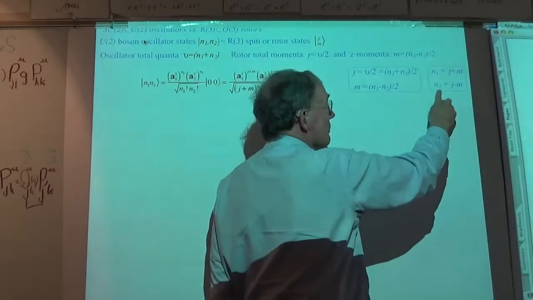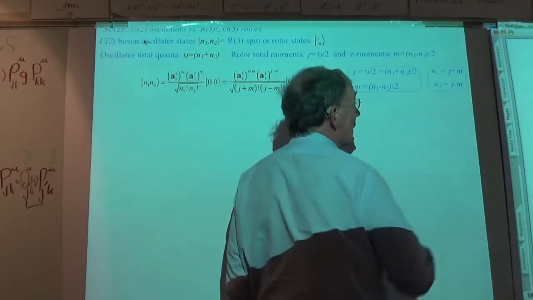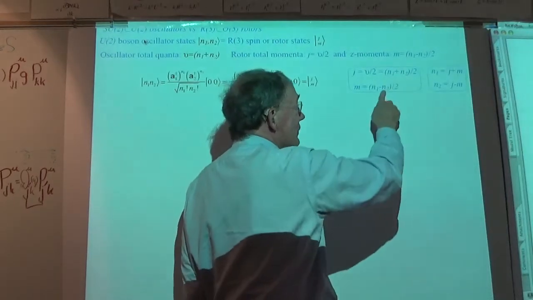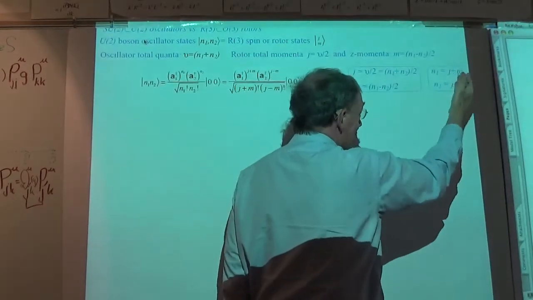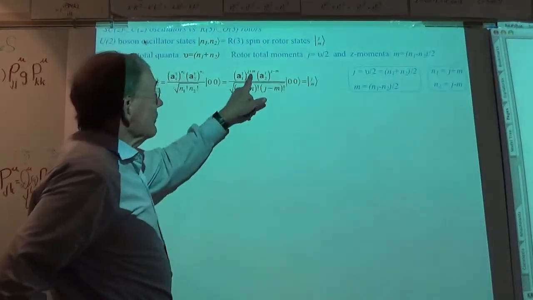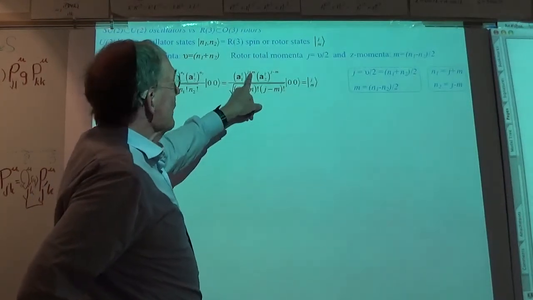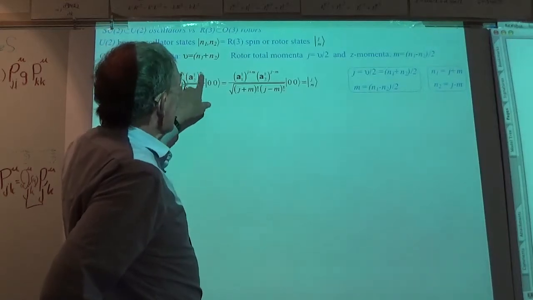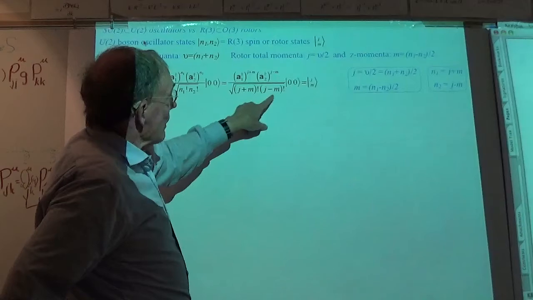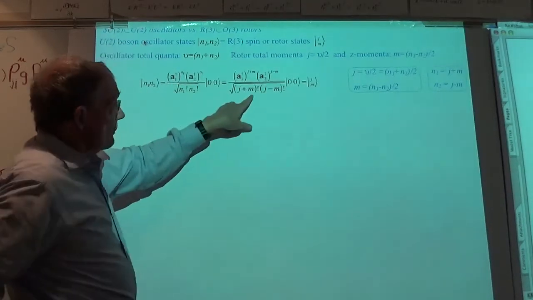Here are the boson quanta in terms of that half sum and half difference. There's just the sum and difference there. So that's the number right there that was N1, and then N2 is this number right here, and of course I'm replacing the N's here with the J's and M's.